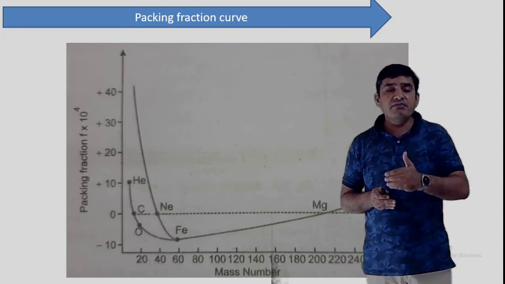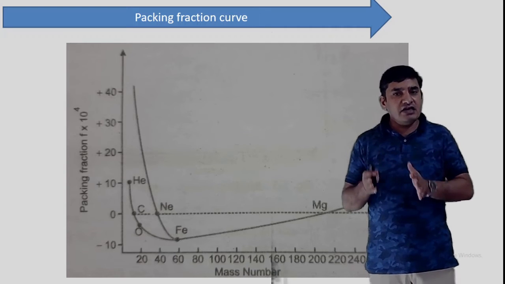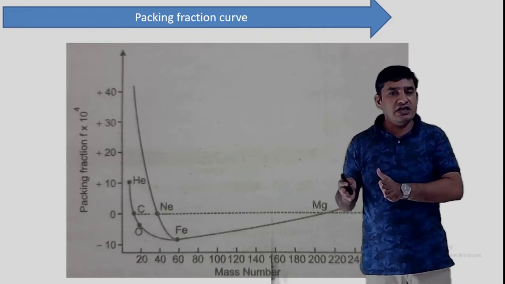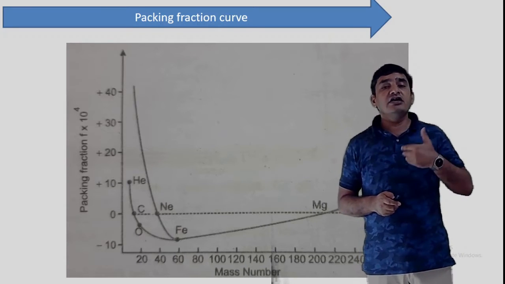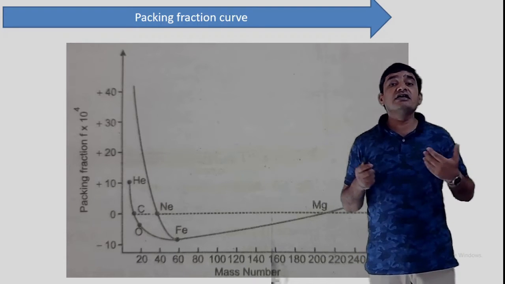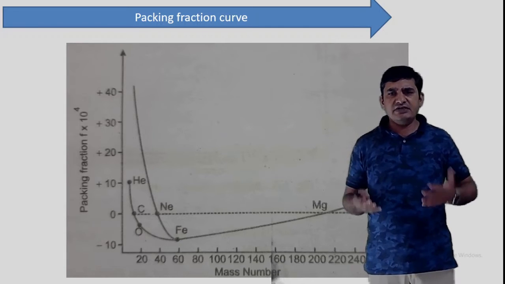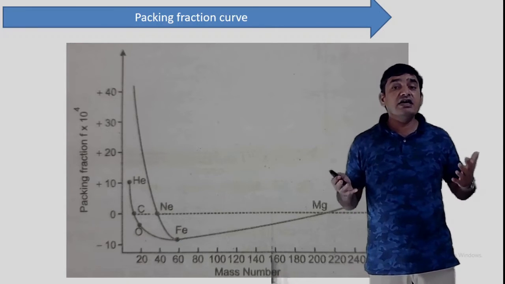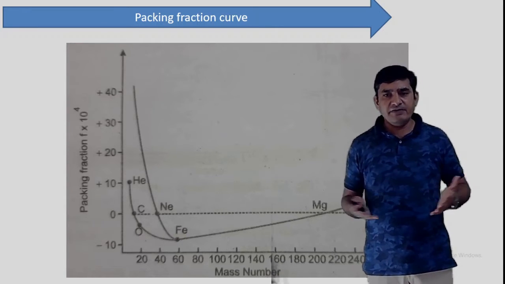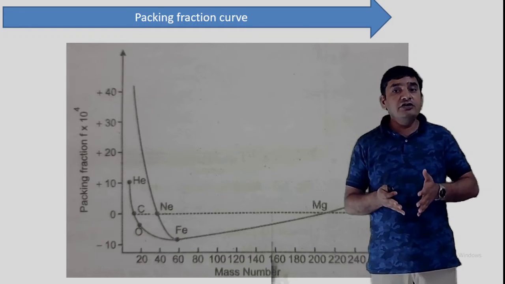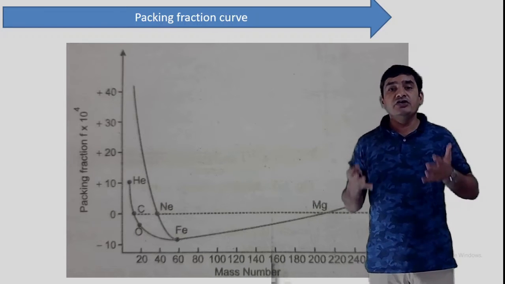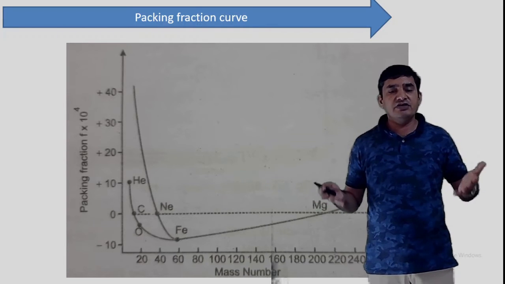It becomes positive, and therefore the heavier nuclei which have mass number greater than 200 are unstable. So we can say that uranium has unstable nuclei, and therefore uranium breaks into fission fragments.